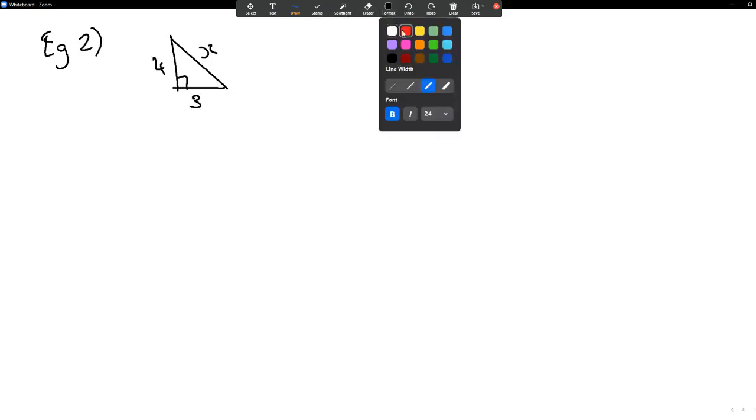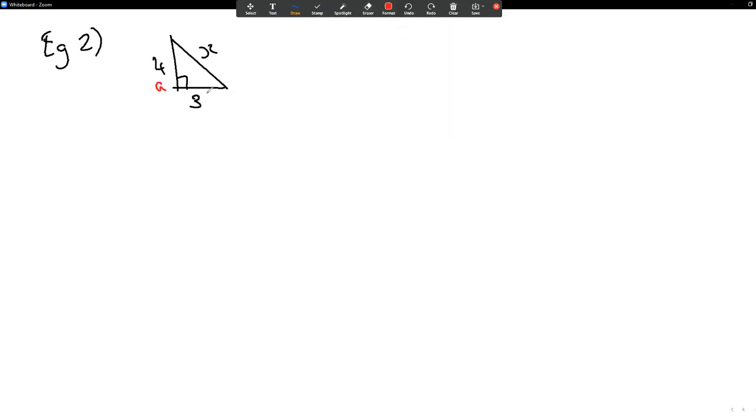Let's look at another example. This time, let's look at where we don't know C. So again, let's label our triangle.